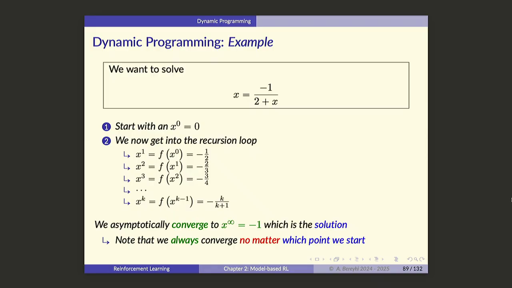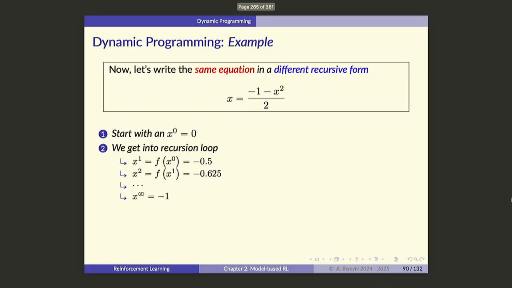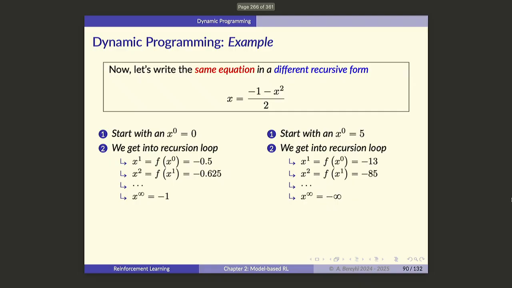It's again the same recursive form, the same recursive expression, but with a different f, right? Now, if you have this one, you can simply see that if you start with 0, again, you are going to converge to minus 1. But if you put in another starting value, it diverges, right? Each time that you put it in the function, it gives you something larger, right?